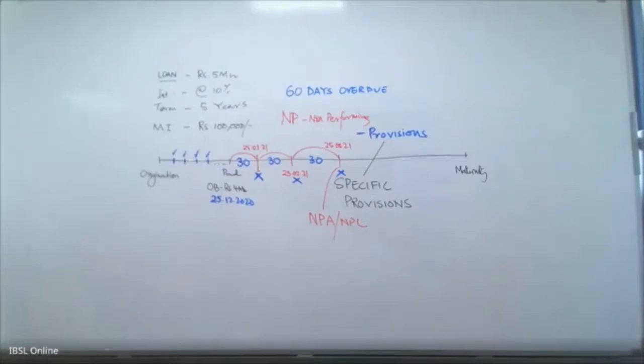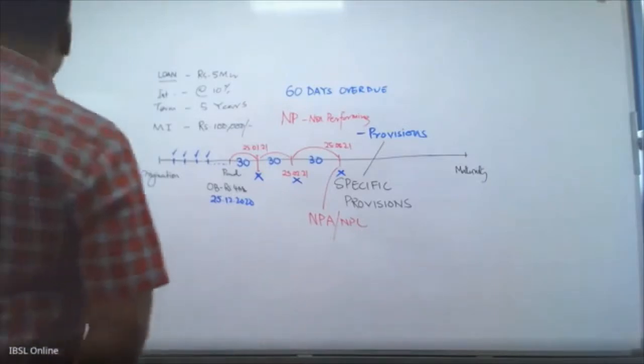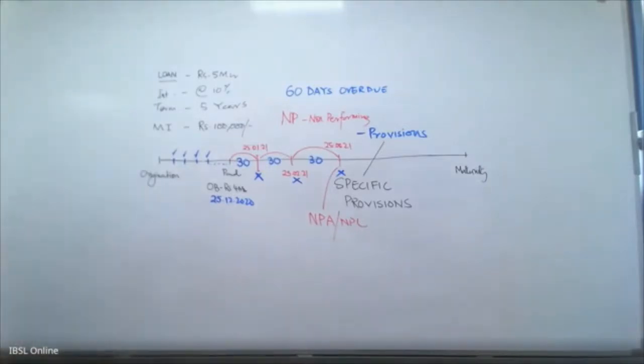Next line, next para. If the borrower does not pay six consecutive installments.